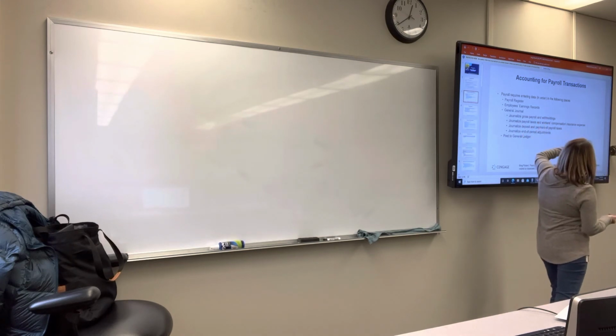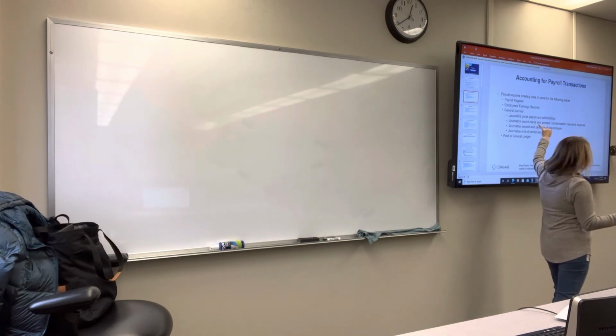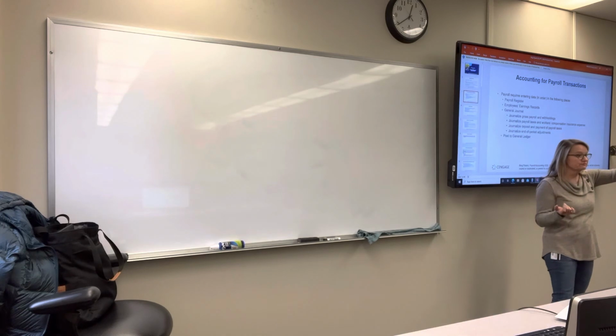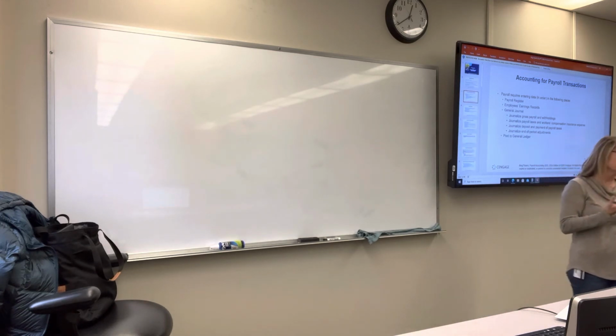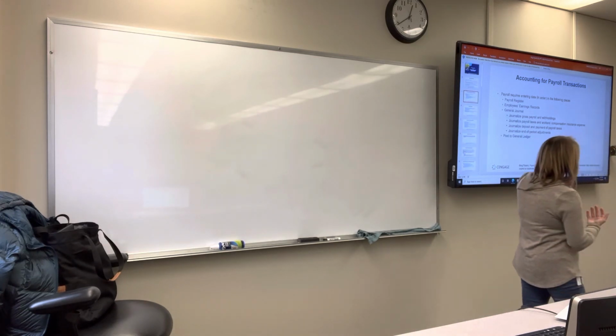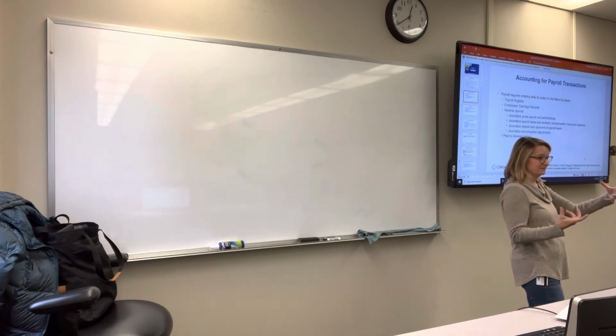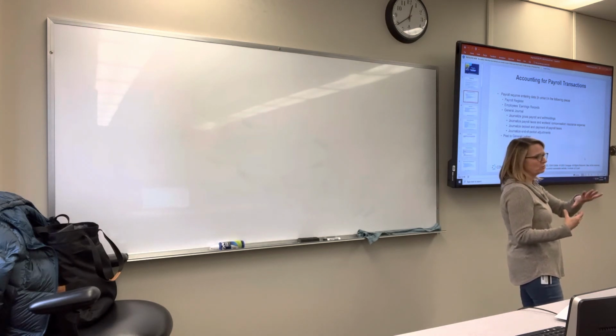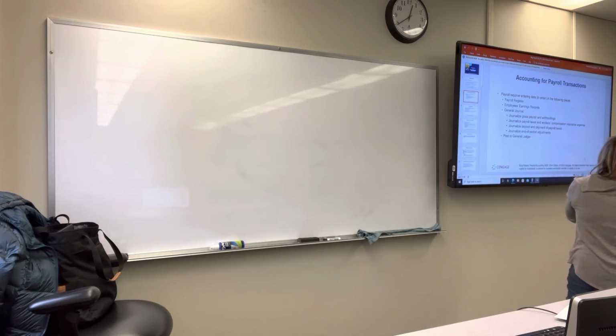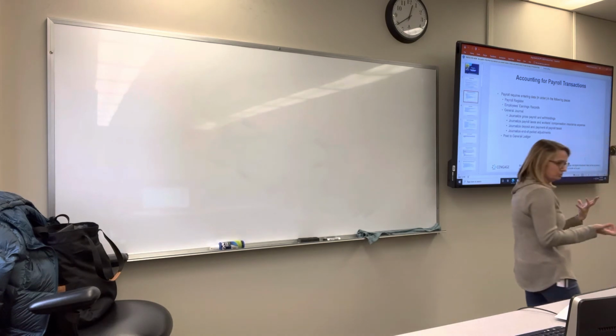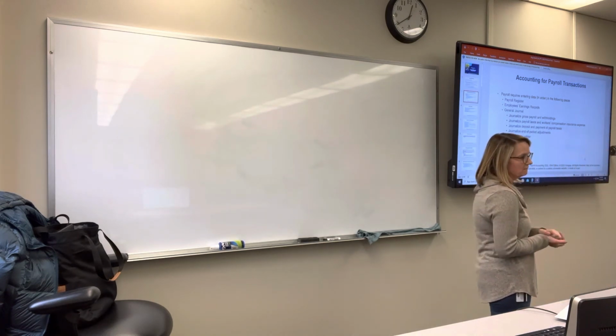The amounts that the employer owes for payroll taxes, the amounts that the employer owes for unemployment taxes, both state and FUTA, and the amounts that the employer owes for workers' compensation insurance. We haven't really talked a whole lot about workers' compensation insurance, but that's one of the journal entries that would need to be made as well.